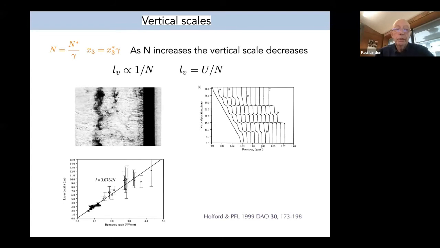And if you measure the depth of these layers compared to this scale U over N, these are the experimental results, and you can see that they fit quite well a line which is about 3 times U over N. So let's try to explore why that might be the case.